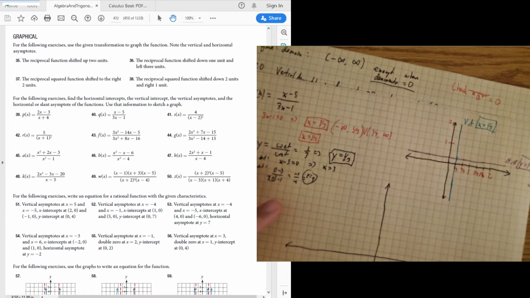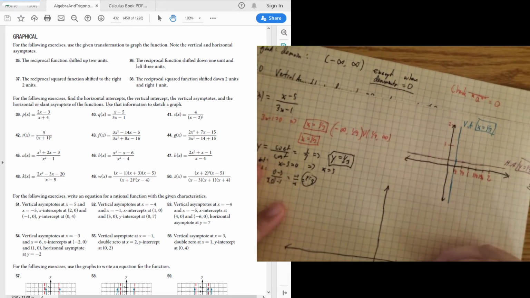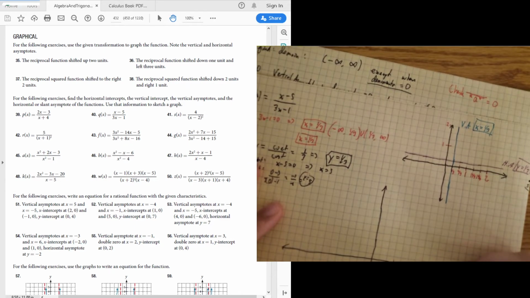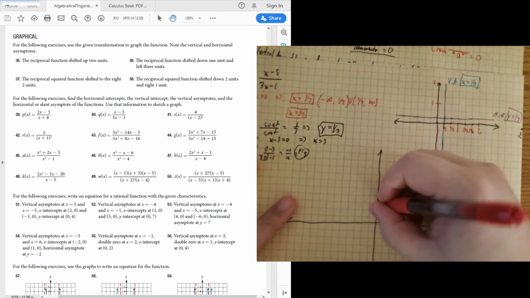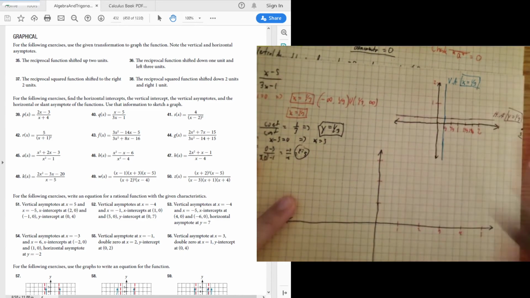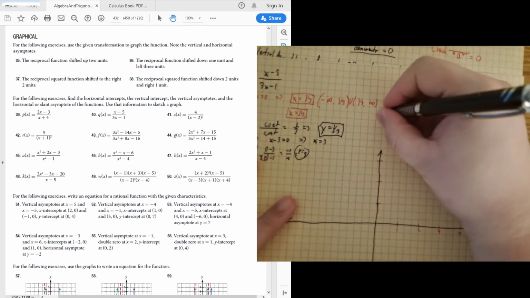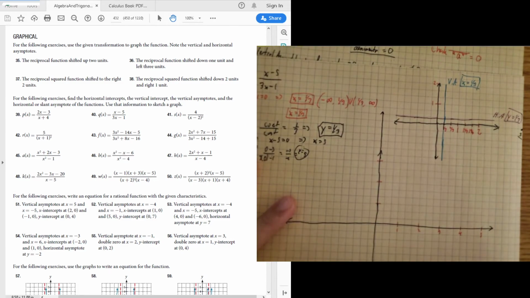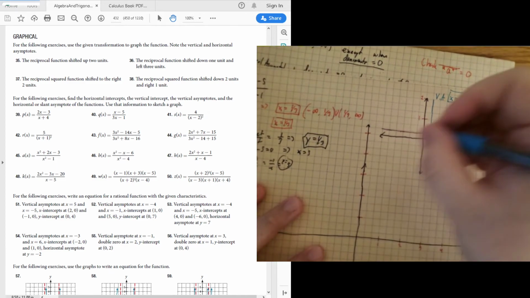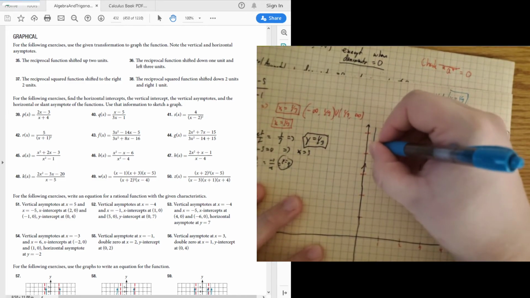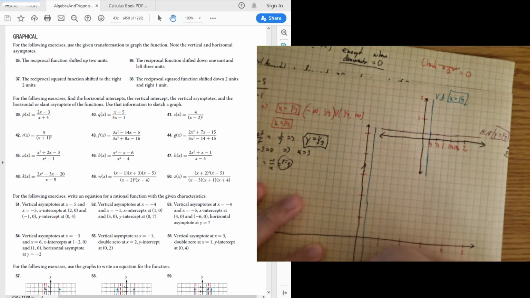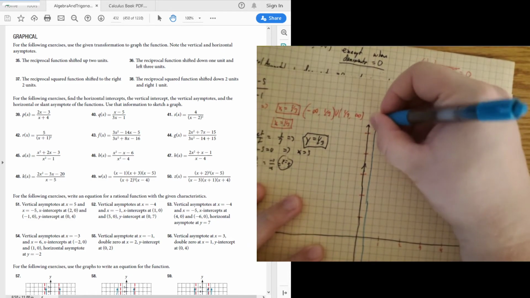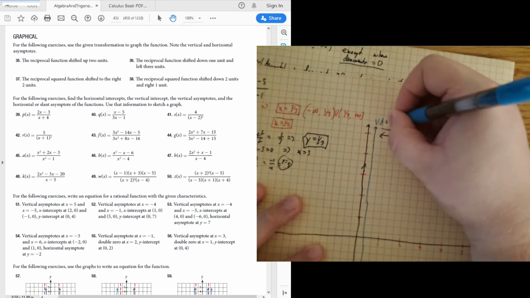Okay, I'm going to still count by 1/3. So this is 1, 2, 3, 4, and 5. Make this 1, 2, 3, 4, and 5. So at 1/3, this is my vertical asymptote at x equals 1/3.